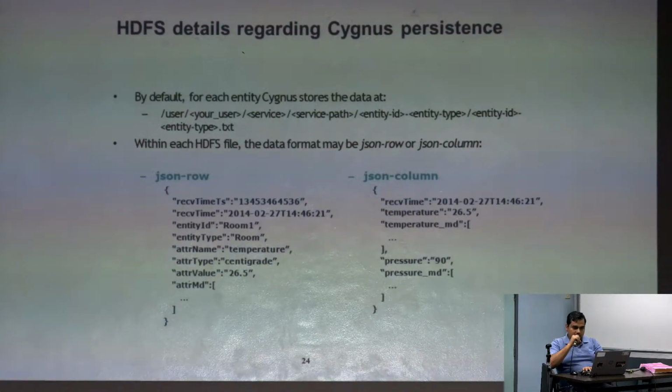So now I'll discuss STH Comet. We learned about Cygnus, which is just a matter of configuration, and then you can create the stream coming from context broker to other sinks.